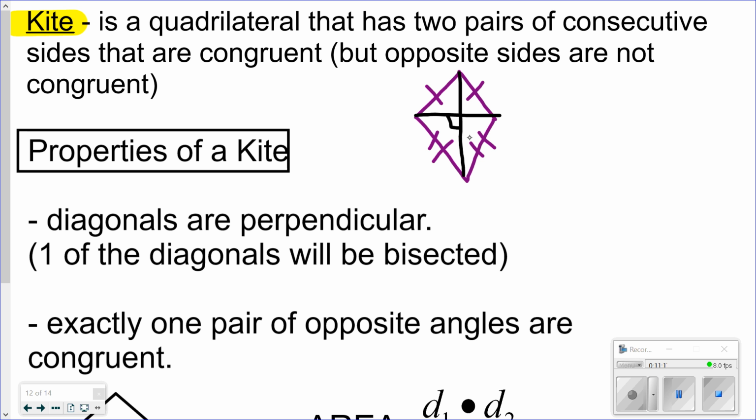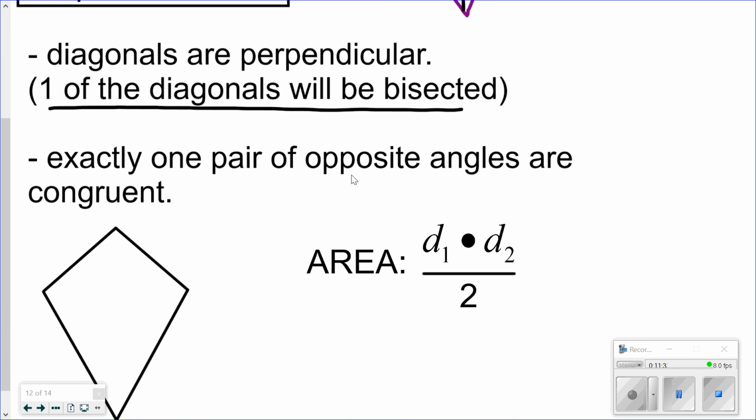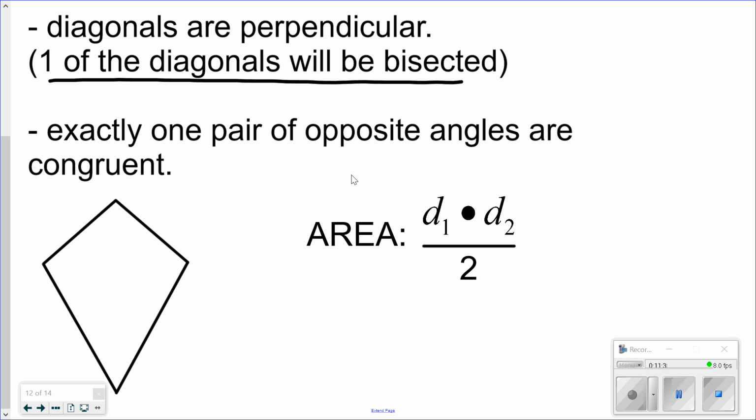And if you look at the diagonals, it tells us that one of the diagonals will be bisected. Which diagonal would be bisected? It would be this one here, the shorter diagonal. And then our next property is that exactly one pair of opposite angles are congruent. So that means that these two angles here would be the same measure.